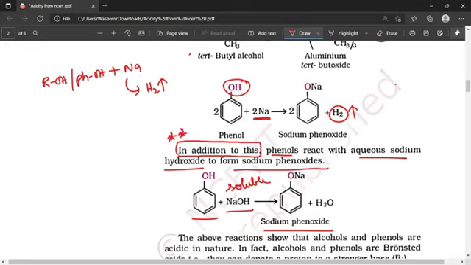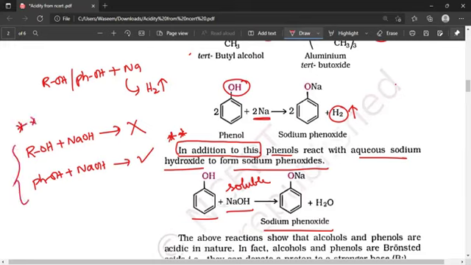In addition means alcohols will not show this reaction. Alcohols are not strong enough to react with sodium hydroxide, a strong base. They will not react. But phenols can react with sodium hydroxide. Phenols are soluble in sodium hydroxide. So I can use this reaction to differentiate alcohols and phenols. Again, I'm repeating, I can use this reaction.